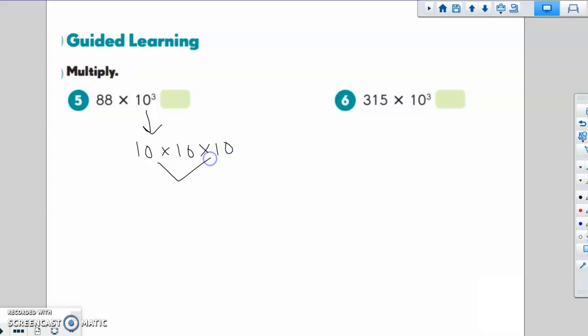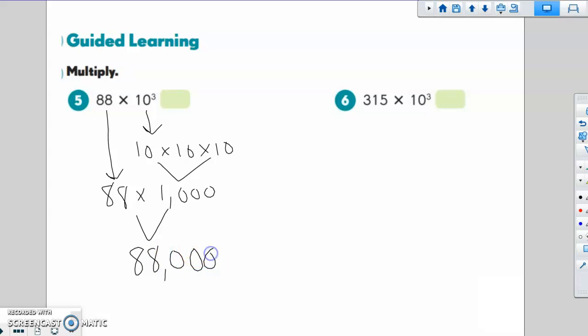This is equal to 1,000. So if I am multiplying 88 times 10 to the third power, it's really doing 88 times 1,000. Just like the other day, when I'm multiplying by 1,000, I write my first factor down, and I'm going to write 3 zeros in my product because there are 3 zeros in 1,000.